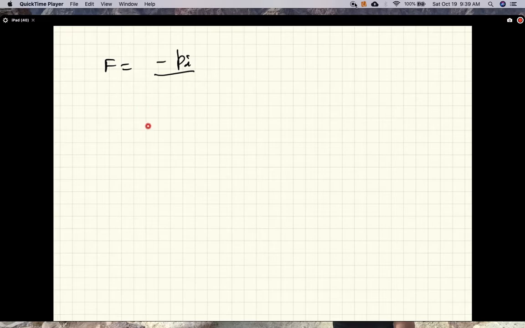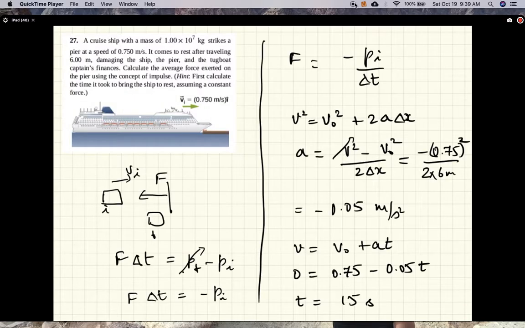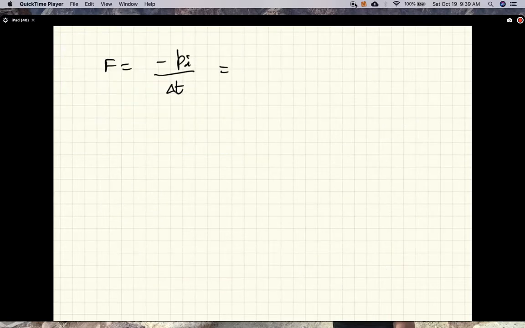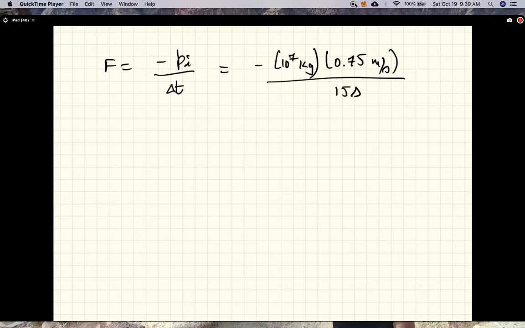The ship was moving in this direction and the force was in that direction. Divided by delta t. So the mass of the ship is 10 to the 7 kg, initial velocity is 0.75 meters per second, and the time was 15 seconds.